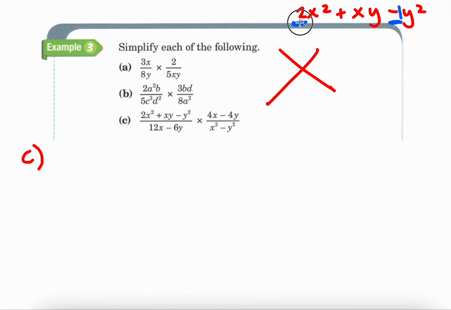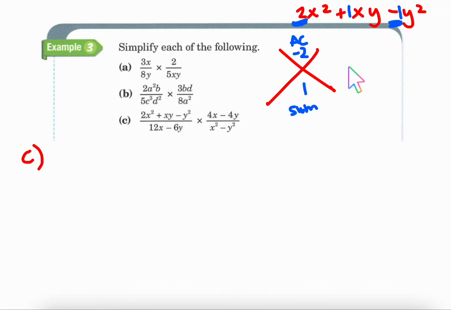I don't care about that right now. I'm just looking for my coefficients. Okay, so my AC would be 2 times -1, which is -2. My sum, again, this xy kind of makes me freak out a little, but my sum is still 1. Okay? So just looking at my coefficients. Doesn't change because there's an x and a y.